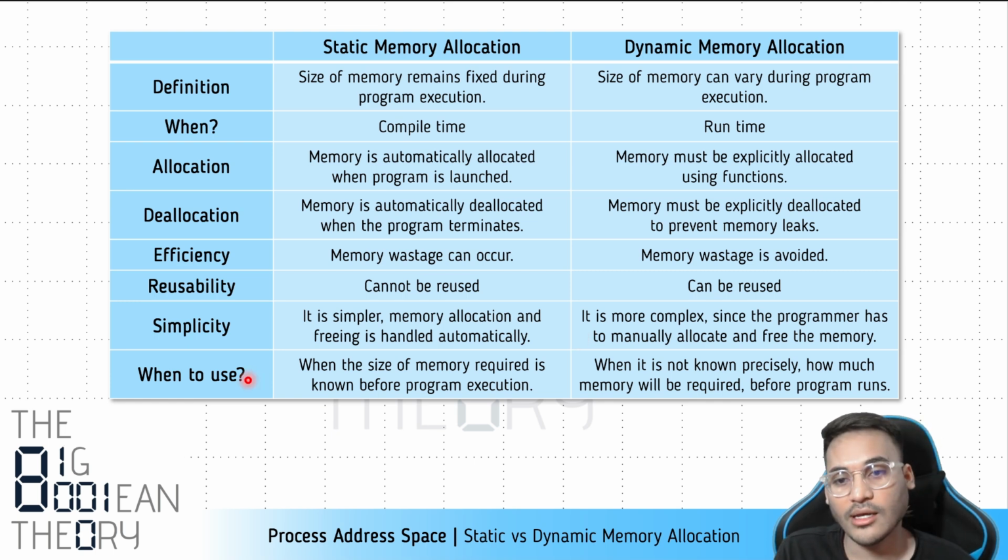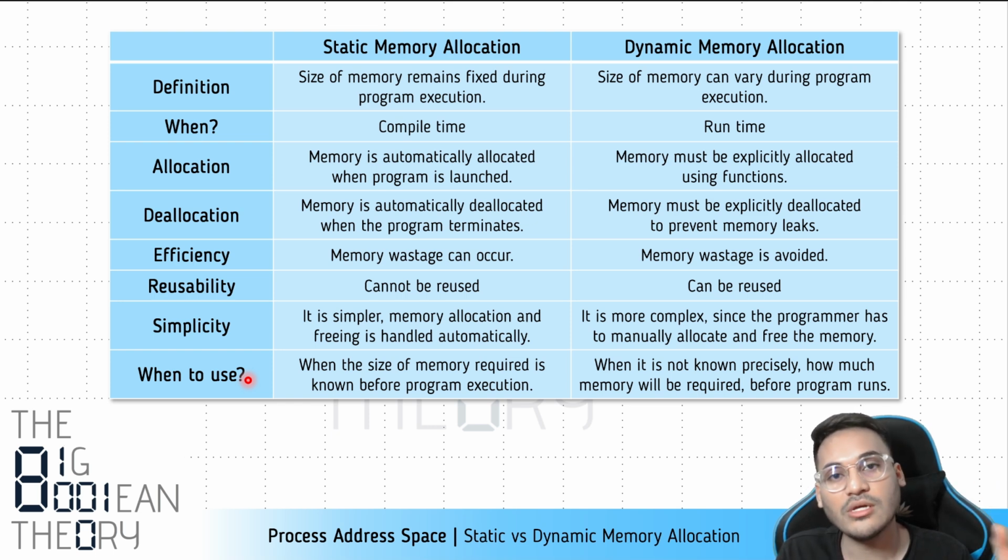The final point that I want to talk about is when should you use static memory allocation and when should you go for dynamic memory. So if you go by the definition, the size of the static memory will remain fixed. So if your use case is such that you know the size that you are going to require will be of a fixed size, then you can go for static memory allocation. Let's say you know that the input that is coming is of a certain length.